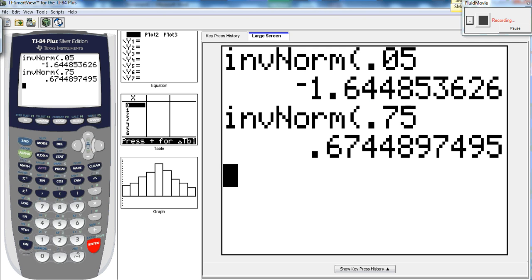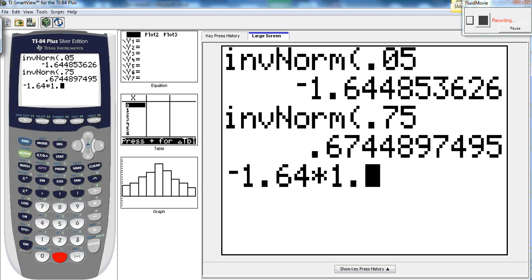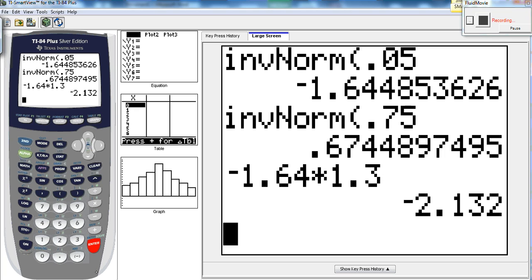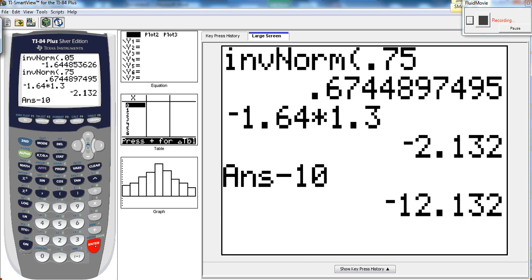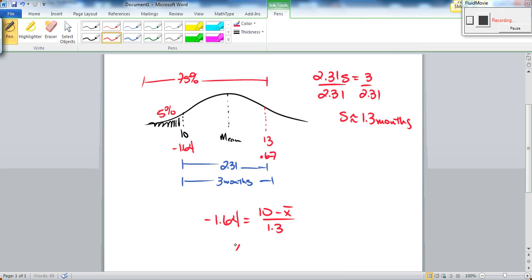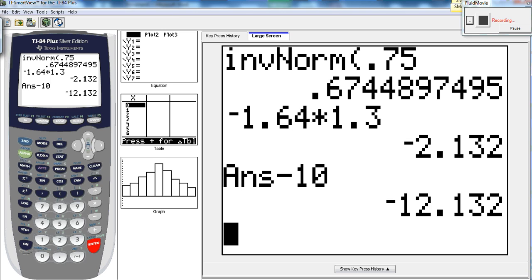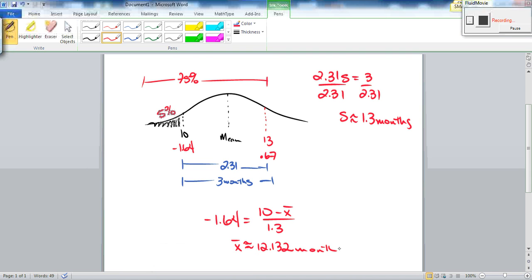So when we take the negative 1.64, we multiply by the 1.3, we subtract the 10, and multiply through by a negative. We get the mean to be approximately 12.132 months. So we have our mean and we have our standard deviation.